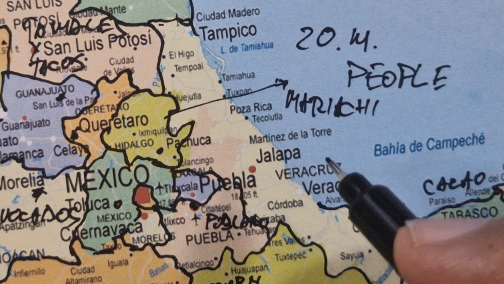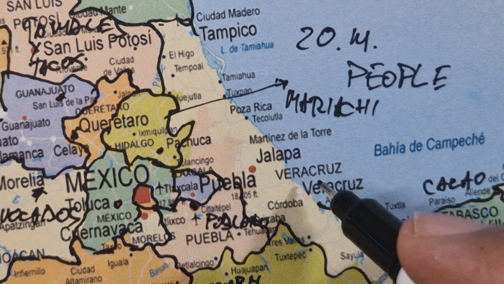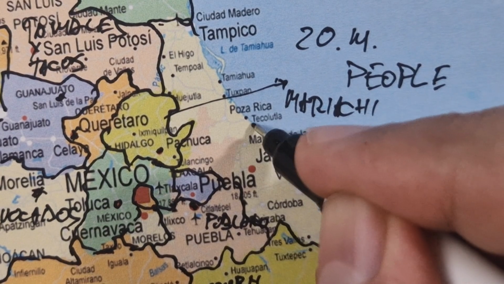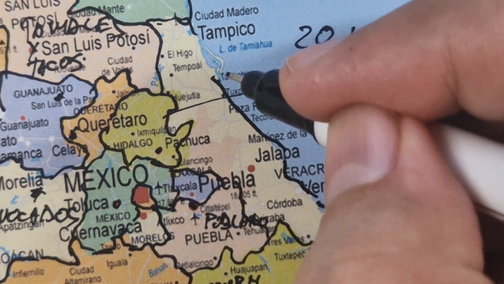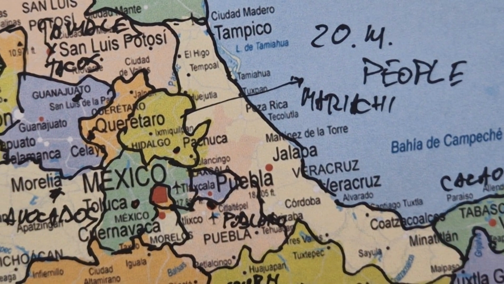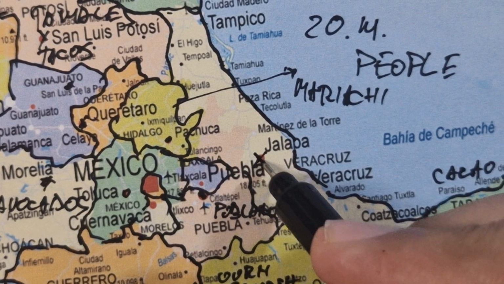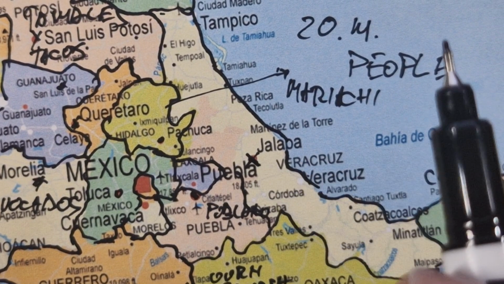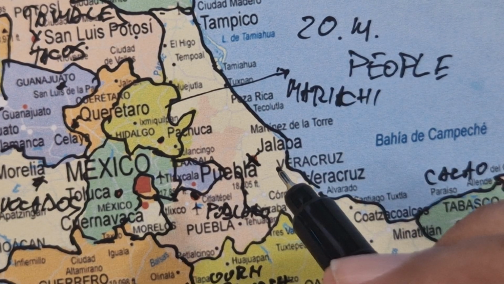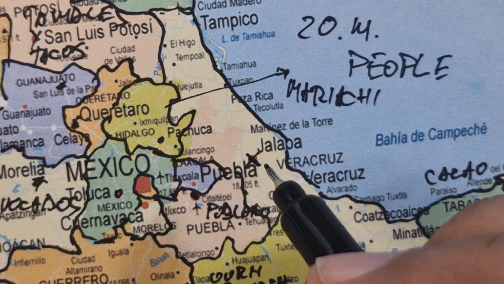The capital is Xalapa, or Jalapa, this city here. Today the state is famous for its beautiful beaches and carnival, an annual celebration featuring music, dance and spectacular parades.